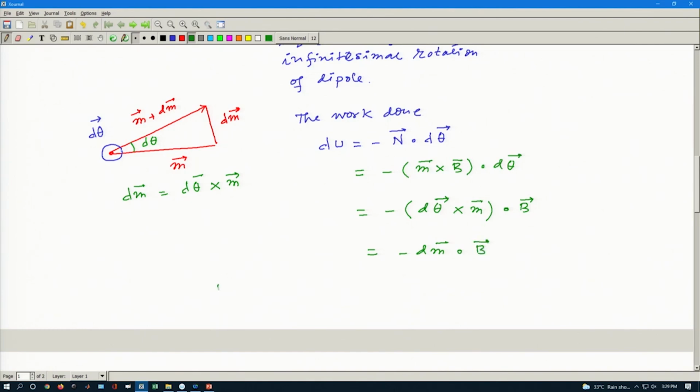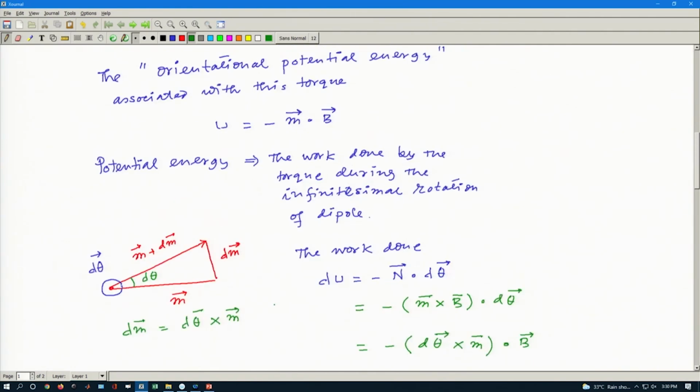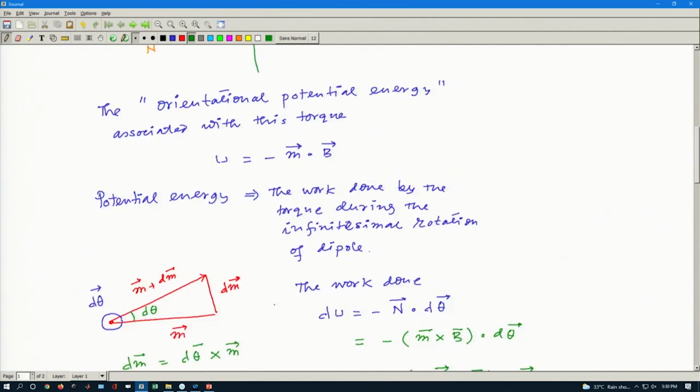So eventually we have U equal to minus M dot B.